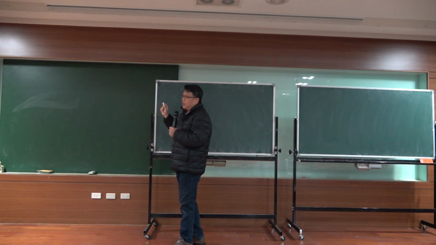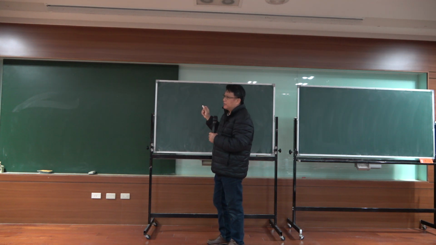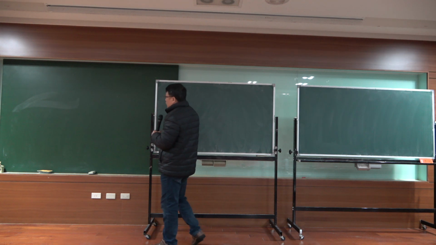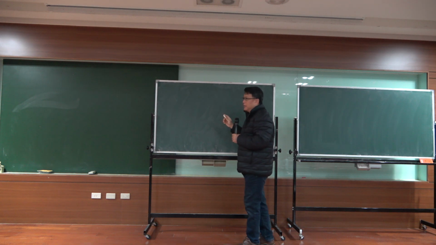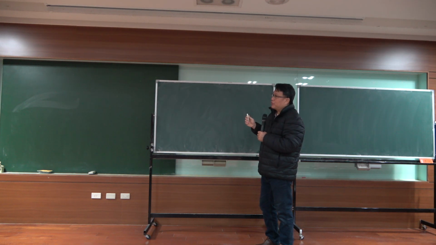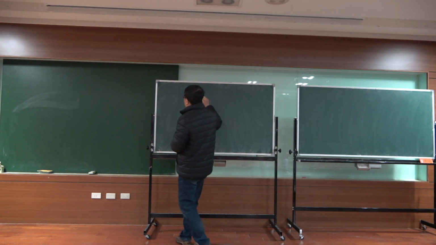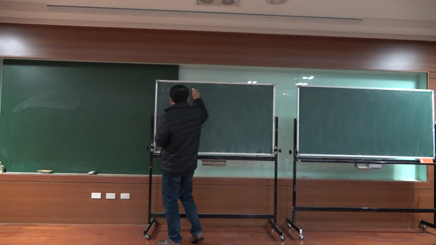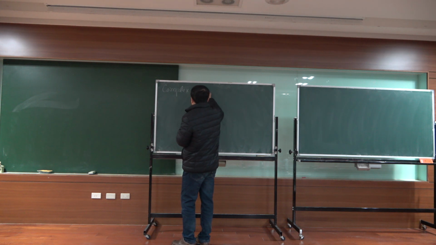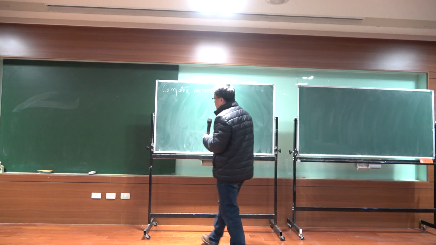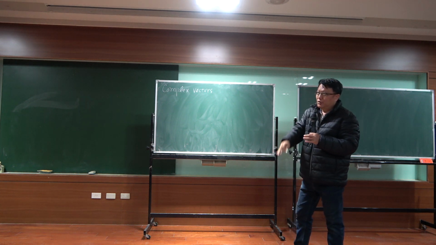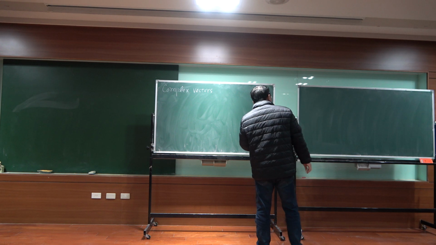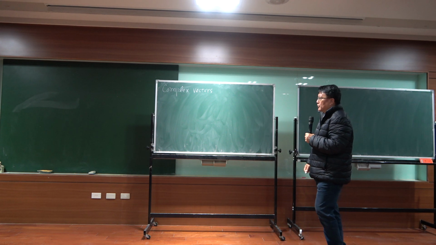Now we use the complex vector representation to represent the electromagnetic wave. We use the complex vectors to represent the E and H fields.